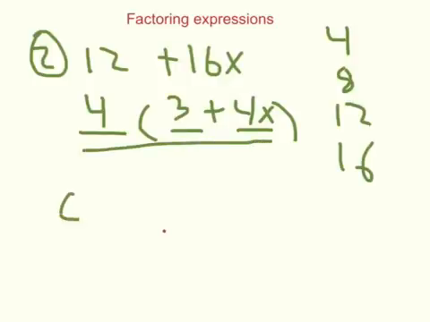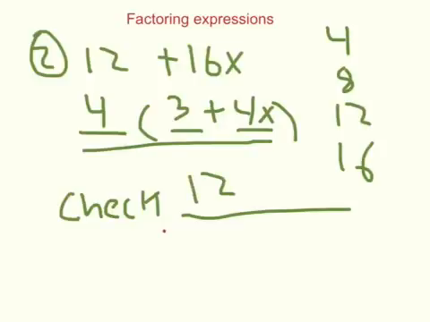Now you can check by doing the distributive property, seeing if you can get the same answer as up here. To do the distributive property, you just go 4 times 3 and then 4 times 4x. So 4 times 3 is 12. And then 4 times 4x, well, 4 times 4 is 16, and then you carry your x.